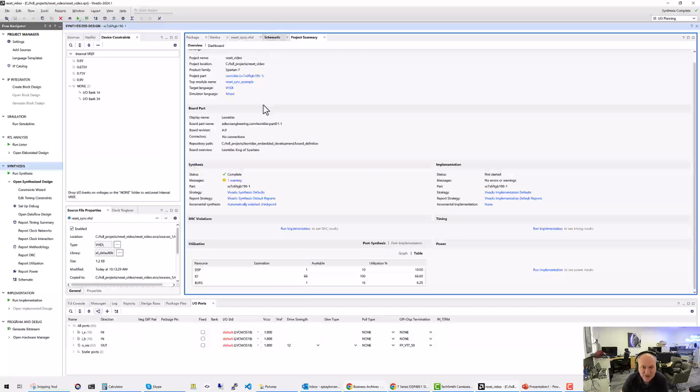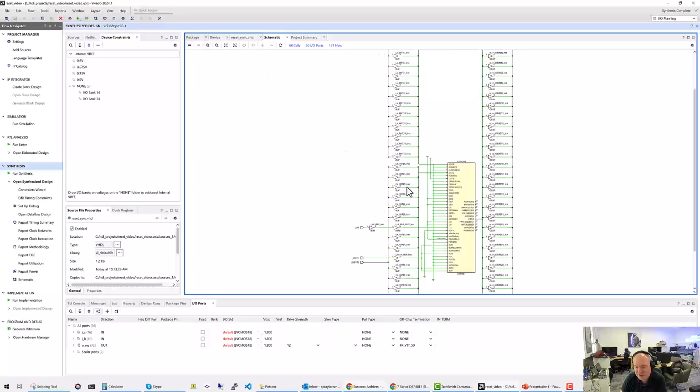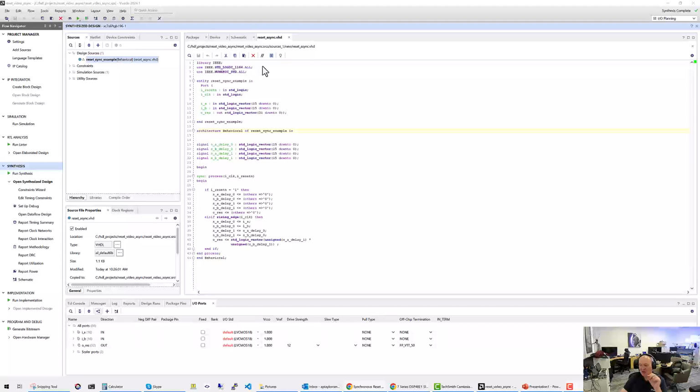If we were to take a look at the synthesized schematic, what we can see here in the middle, if we zoom in a little bit, is the input buffers going straight into the DSP48, and that's because it's been able to pack the registers and use the registers in the DSP48 because we used a synchronous reset. Let's take a look now at the other case where we can't get the registers into that DSP48.